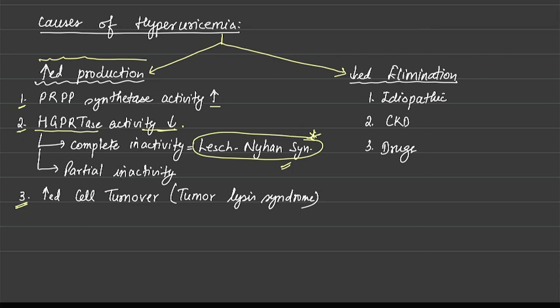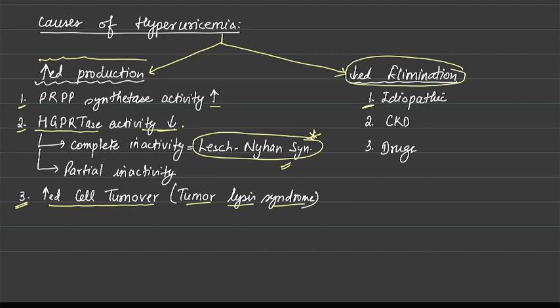The third condition which needs to be remembered is increased cell turnover. It is very obvious. It just needs to be remembered. Conditions like tumor lysis syndrome can cause increased cell turnover, increased metabolism of adenine and guanine purines, and increased formation of uric acid will be there. Now, the second mechanism by which hyperuricemia can occur is decreased elimination.